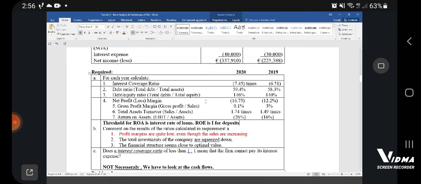So for ROE, the threshold is the interest rate for deposits. That means that as a shareholder, you have to make a decision. If you have, for example, 1,000 euro and you want to invest, you have basically two simple options. One is to go to the bank, deposit that amount of money and earn the interest.